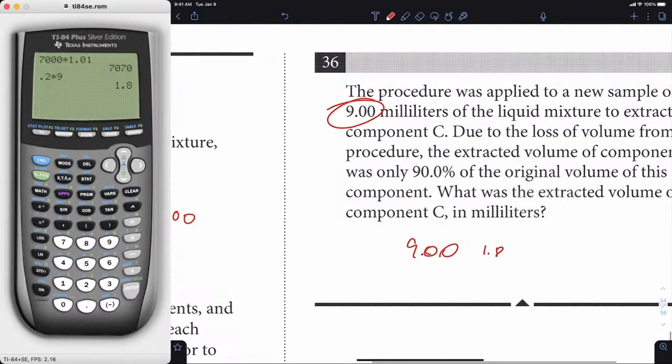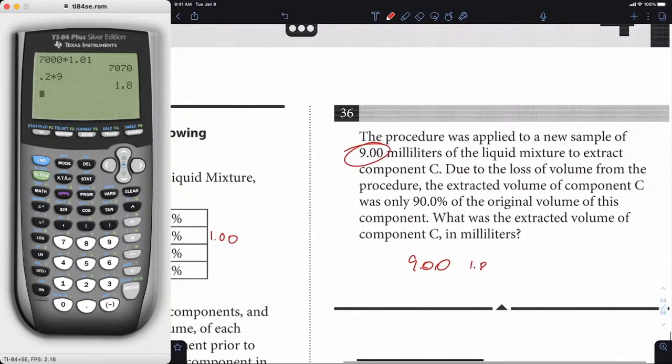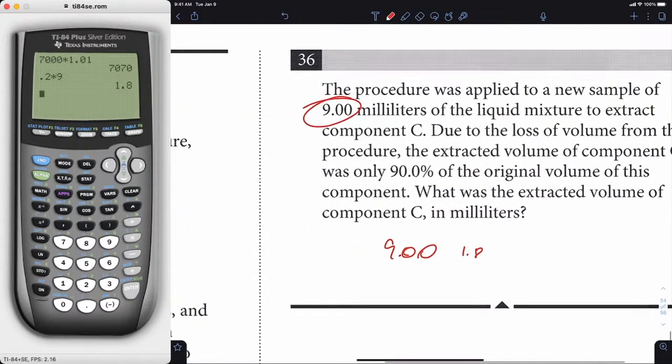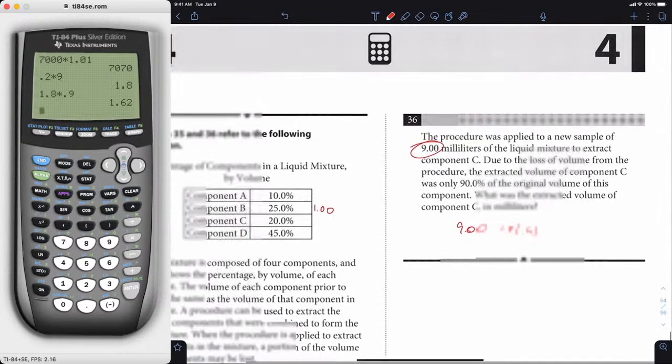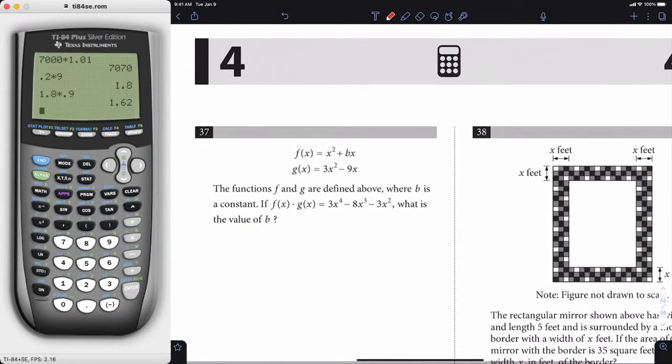But we lost 10% of the original volume of the component, so we need to multiply this by 0.9. And that should give us 1.62. That's our answer. I'm okay with that.